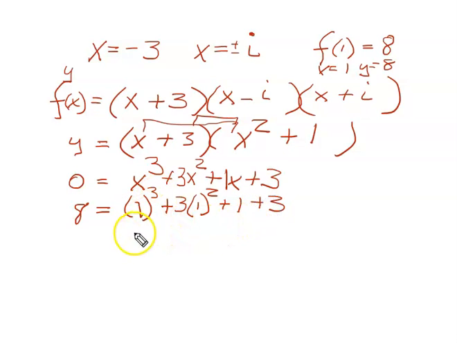So 1 cubed is 1. 1 squared is 1. This is 3. And then this is 4. So this adds up to 4 plus 4 is 8. And this adds up to 8. So we have done this successfully.